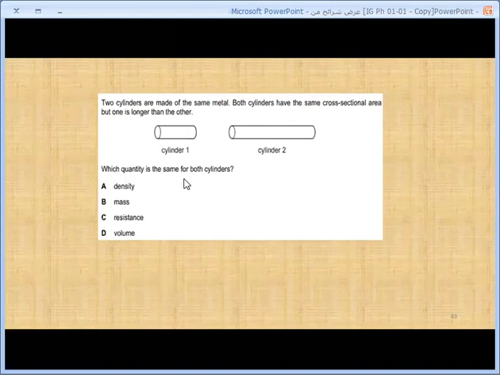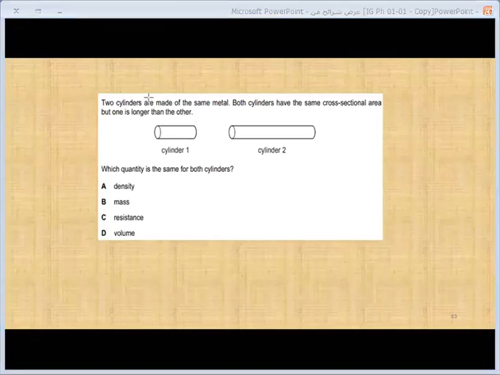Which quantity is the same for both cylinders? What is the key word here? The key word here is this: made of the same material. Same materials mean same density, because the density is a specific property. It's related to the kind of material mainly.